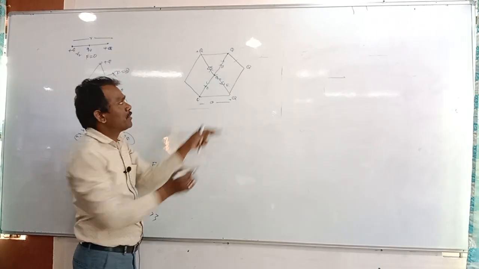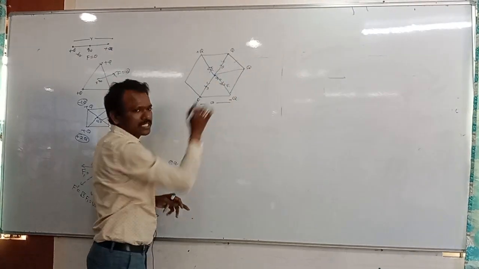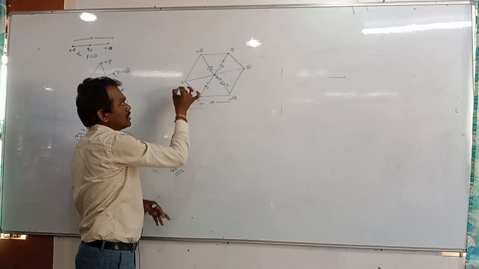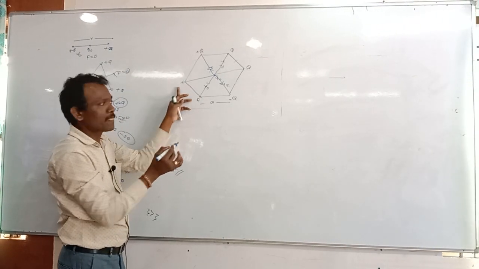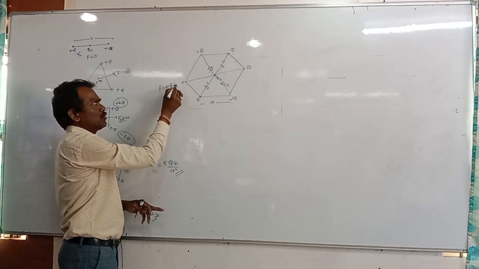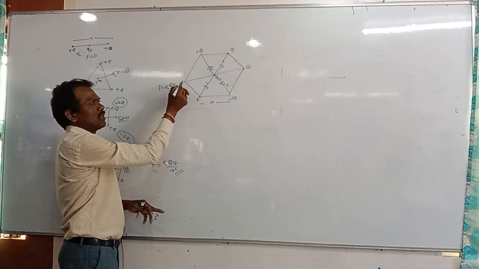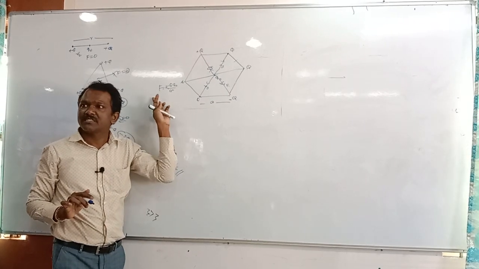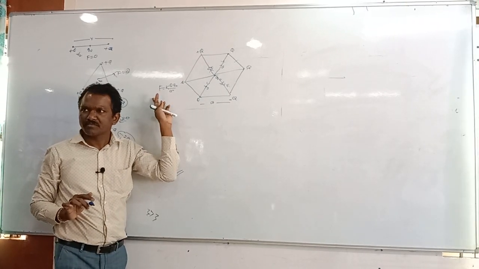Remaining is only one charge, which exerts a force along this direction. That F is equal to K Q naught by A square. If 5 charges are present, this is the net force.